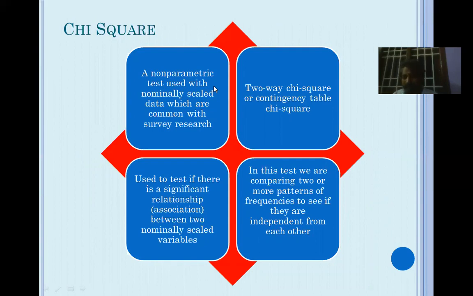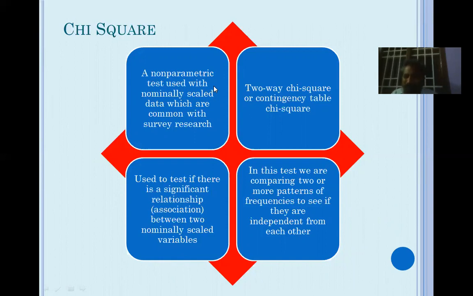When you want to test whether there is an association between one group of people and another, you can go for chi-squared. For example, is there an association between male and female students and the choice of groups in 12th standard or 11th standard? This is a very, very basic question.